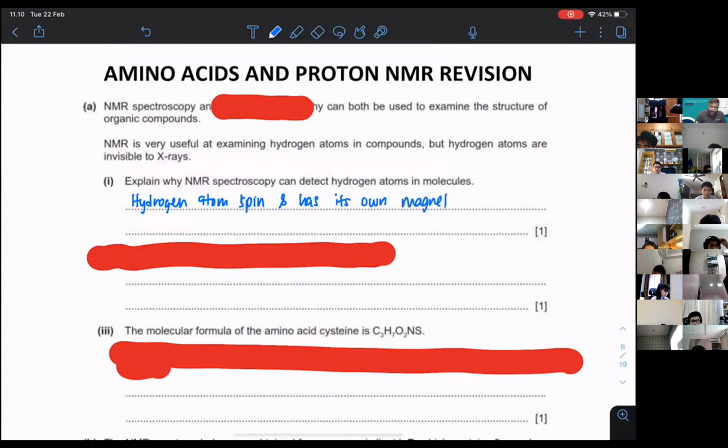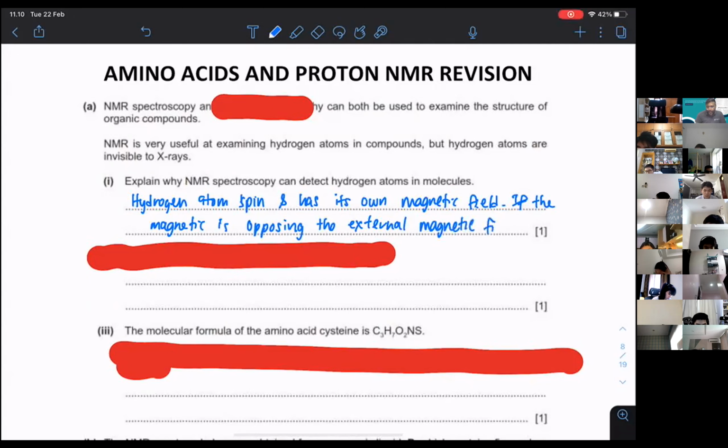If this magnetic field is opposing the external magnetic field, you are going to have a different energy gap. The energy gap will arise, and NMR spectrometry can be used.